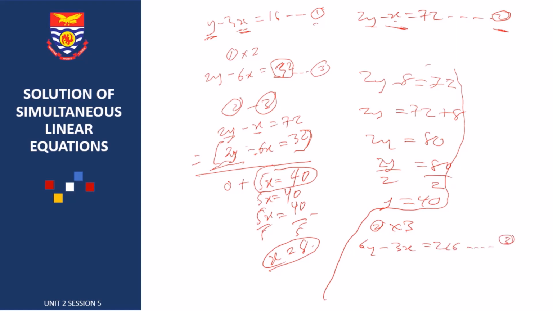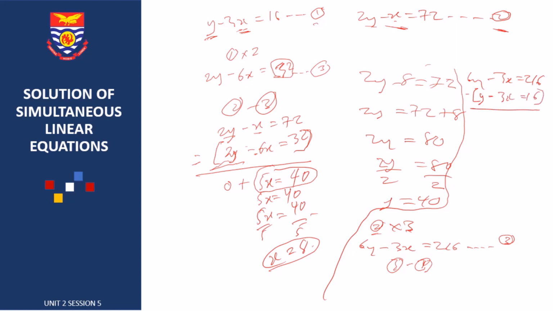Now when I make it equation 3, I can now say equation 3 minus equation. Which equation will I use? Equation 1, right? Because we multiplied equation 2 by 3, we are now going to deal with equation 1. So I'm going to get 6y minus 3x equal to 216 minus, I'll put it in bracket, y minus 3x equal to 16, bracket close.